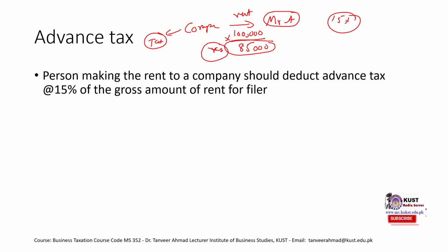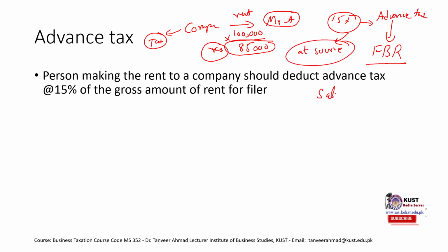Why would he deduct 15%? He would deduct 15% as advance tax and deposit it with the tax authorities. This is called advance tax, the tax that is deducted at source. Remember when we were discussing the salary chapter, we said that when an employee receives a salary from the company, the company deducts taxes at source, right?